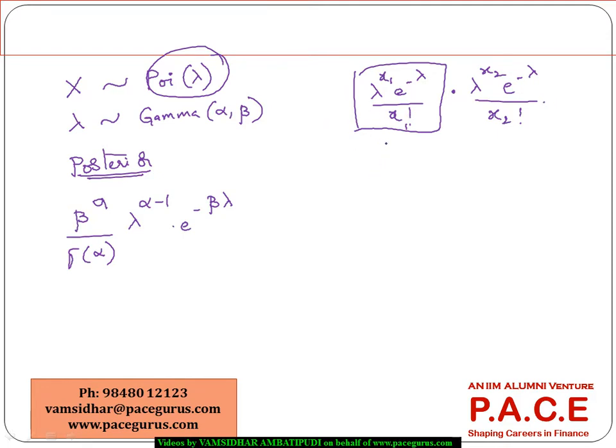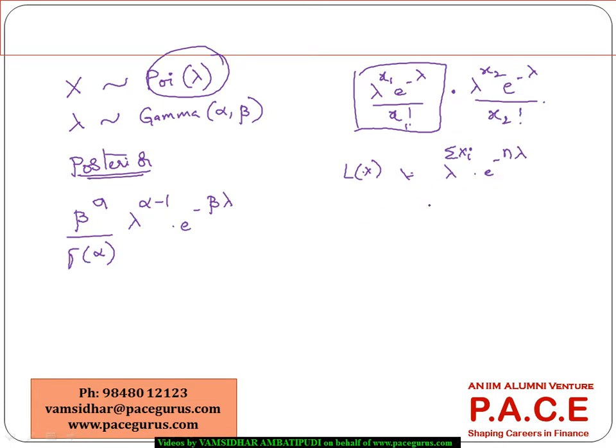So overall, the likelihood function is the multiplication of all this, which comes out to lambda to the power of x1 plus x2, meaning sigma xi, e to the power of minus n lambda, right? And probably the denominator x1 factorial into x2 factorial, and so on. It's becoming a kind of a constant.